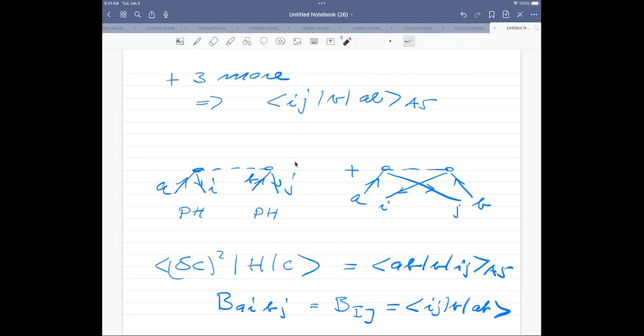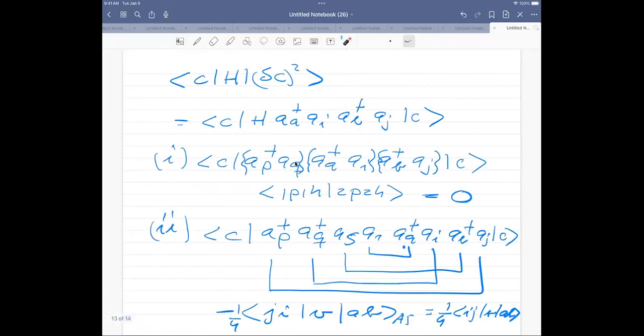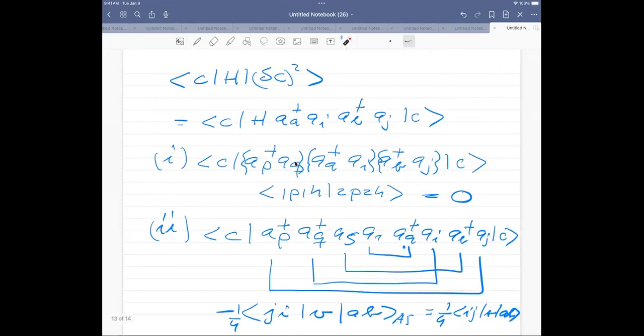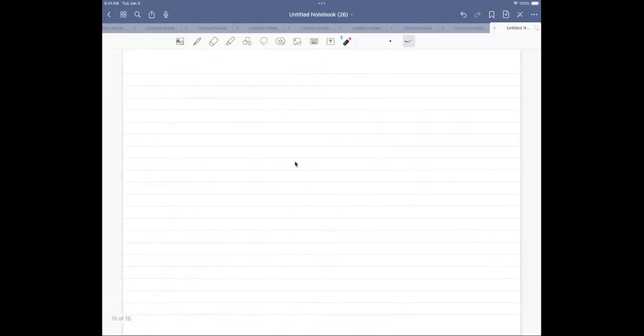Now we can rewrite everything with these matrices B, which we have here, and this matrix A, which we defined here, and this other matrix delta epsilon, which is just a diagonal matrix where we have the single-particle energies along the diagonal. It's not so difficult to see that we can rewrite the problem in terms of a contribution. So we have this delta E here, which is going to be given by these different terms.